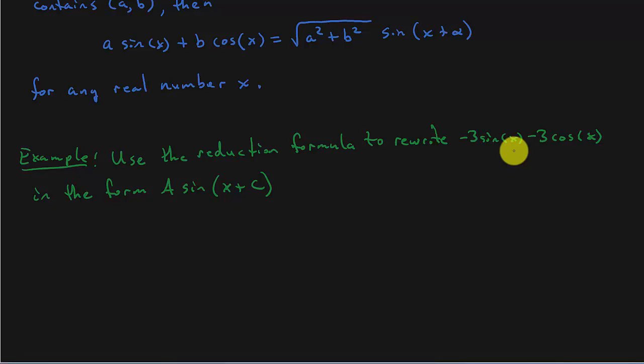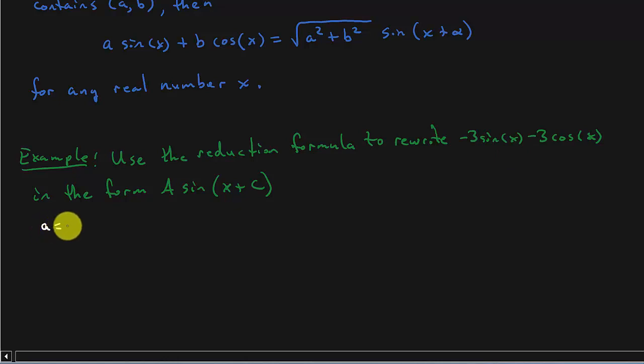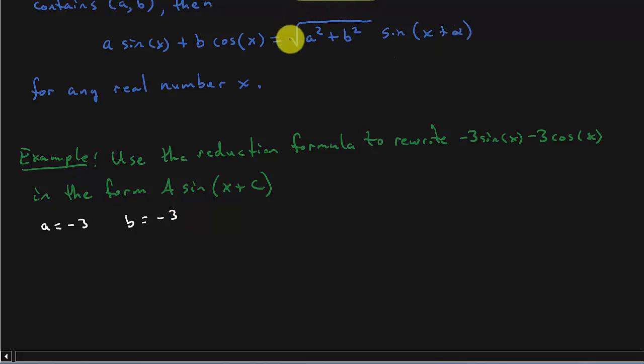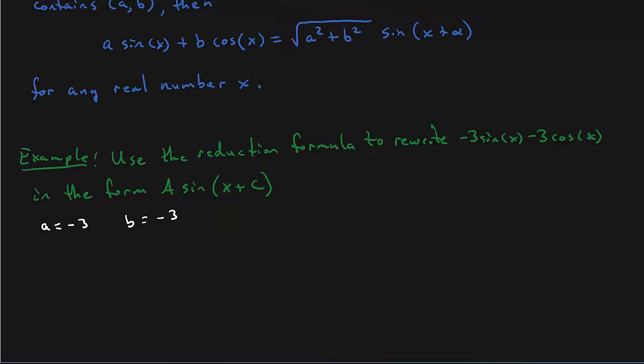All right, so let's look at this. In this problem, we can see that a is equal to -3 and b is equal to -3. So what all do we need to find? Well, we need to know what alpha is, don't we? We need alpha and we need the number in front here.